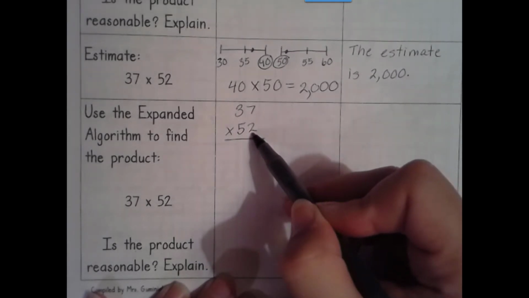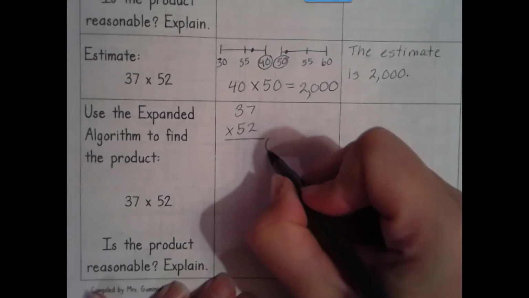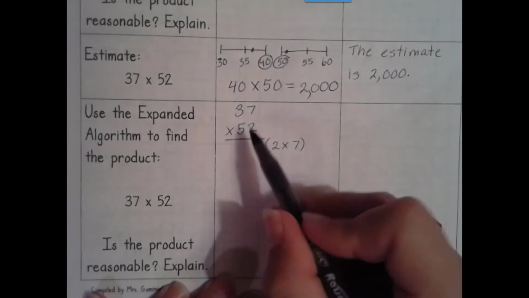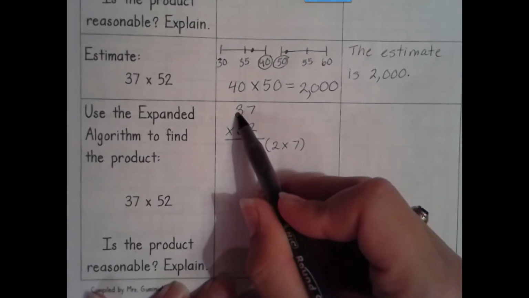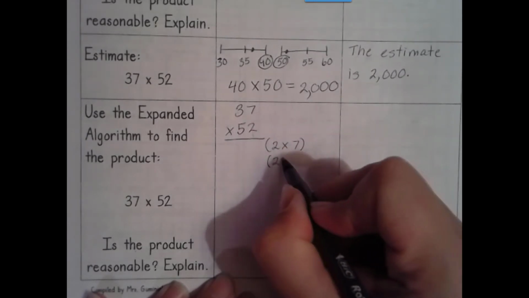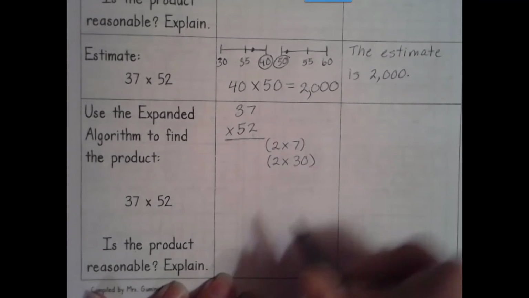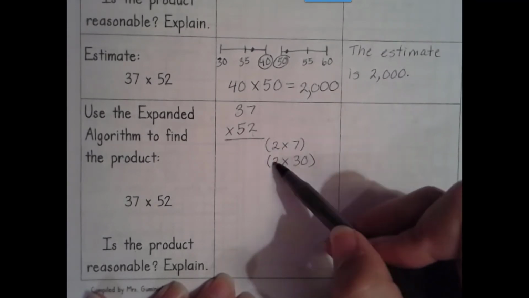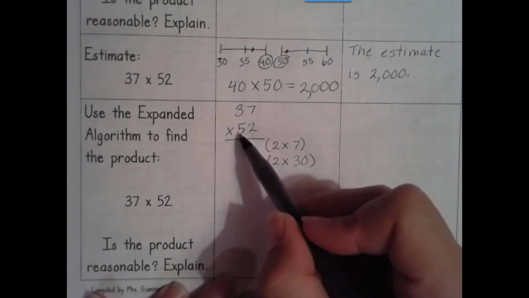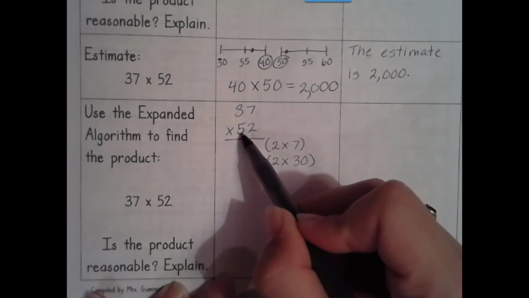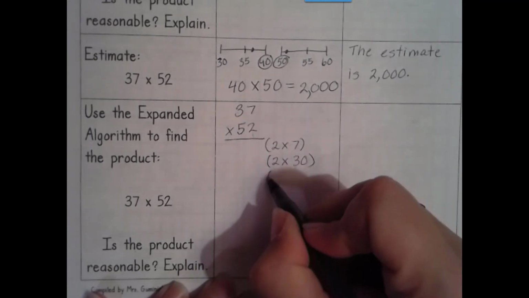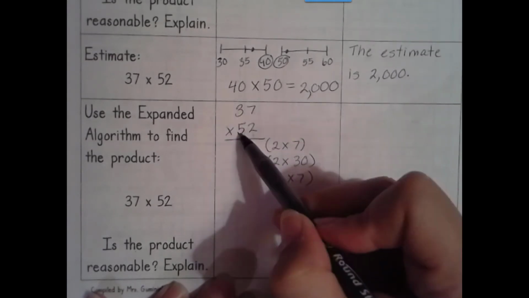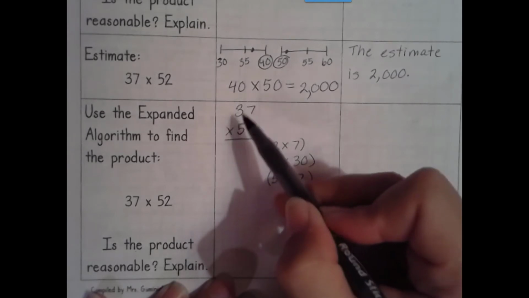So 2 groups of 7 and 2 groups of 30. So I'll always have 2 2's here, or 2 of whatever the ones place is. 50 groups of 7 and 50 groups of 30.